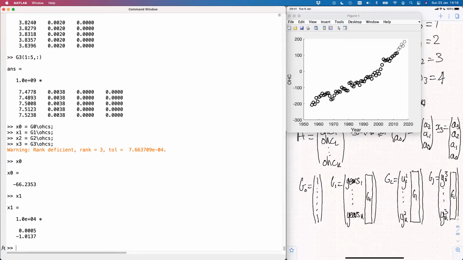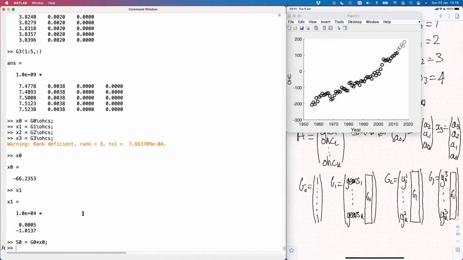Having fitted that model, we can predict back the signals that these models predict for each of those measurements. So for example, I can write S0 equal to just G0 times X0, and that will give me the measurement that this model predicts for each of these years. Of course, it's a constant, so it's just going to predict that the measurement should have been -66 for every one of these years.